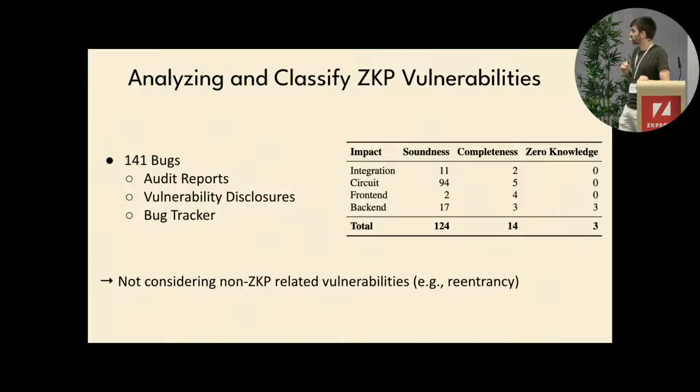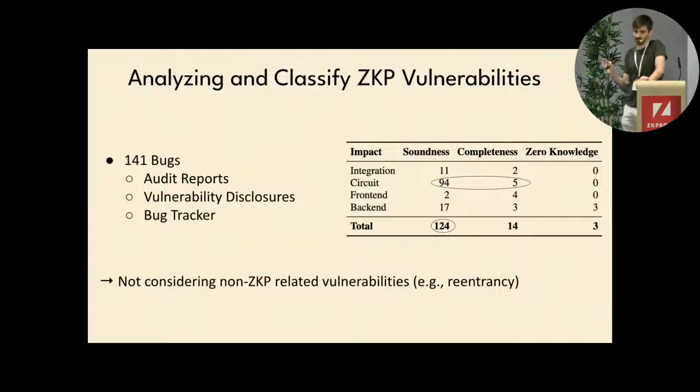And here is a table with a high-level overview of our results. The columns are the layers and how many vulnerabilities were in each layer. And then we have the impact of each vulnerability. The main layer that has the most bugs is the circuit layer.